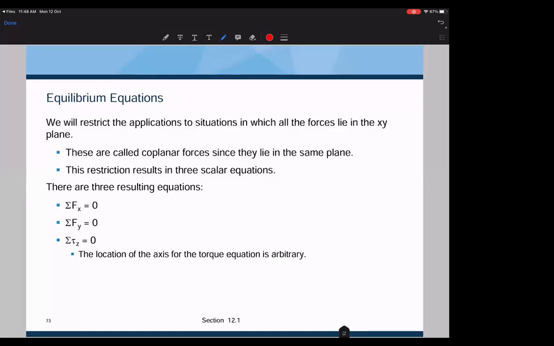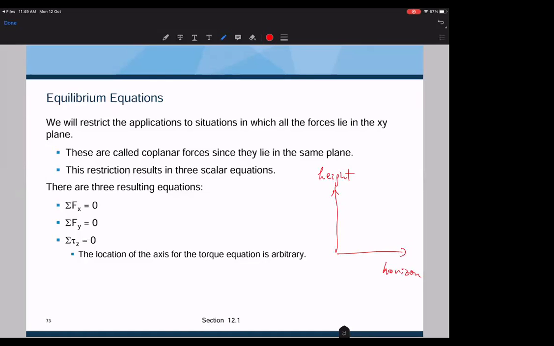Just assume, it may not be the case in your examination or whatever, but let us assume that the X is the horizontal direction, the horizon, and the Y is the height direction.